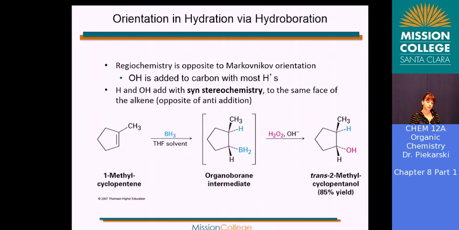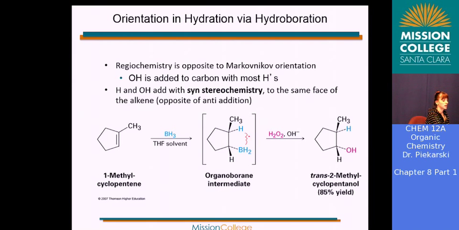Now, this hydroboration reaction is also another stereospecific reaction. The hydrogen and the OH will add with syn stereochemistry to the same face of the alkene. It's the opposite of anti-addition. And the regiochemistry is non-Markovnikov. Okay? So what happens is that the BH3 adds to the same side.